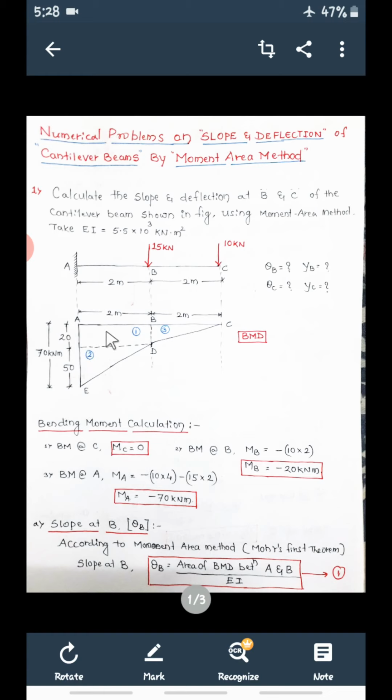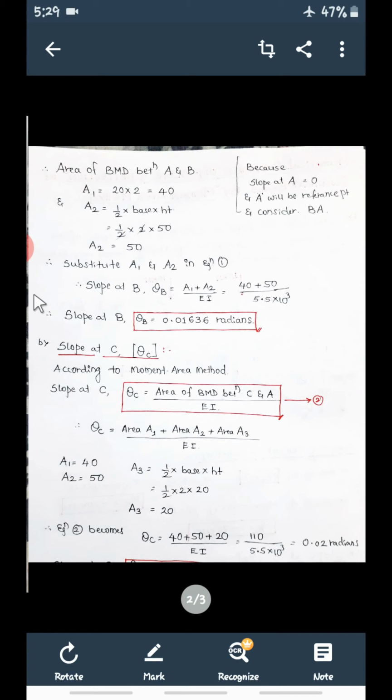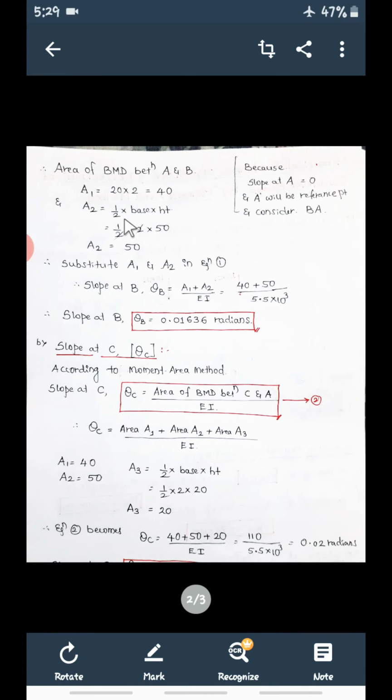So A1 is 20 into 2, then A2 will be half, base is 2 meter and height will be 50. So A1 is 40, then A2 is half into base into height, half into 2 into 50. So A2 is going to be 50. So area A1 is 40, area A2 is 50.